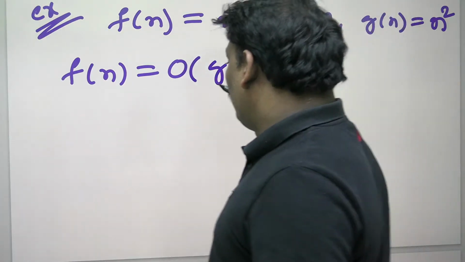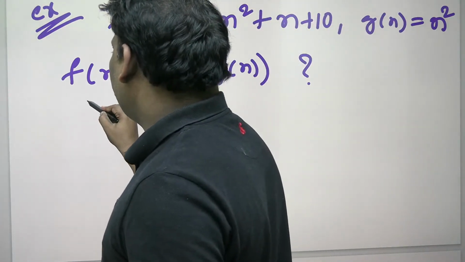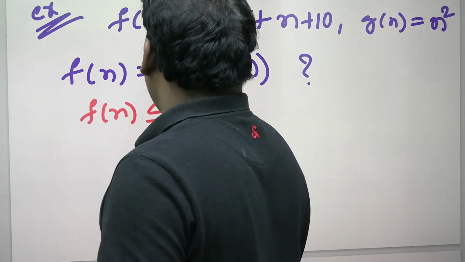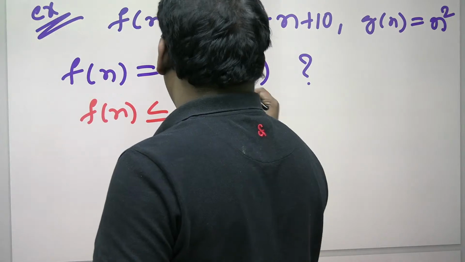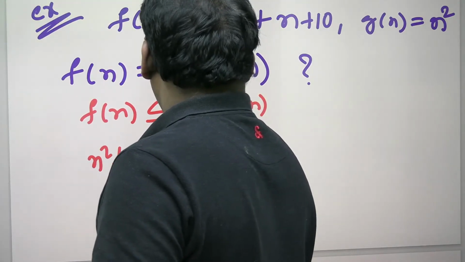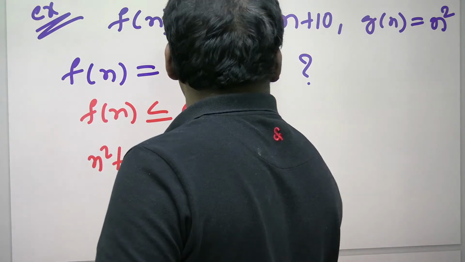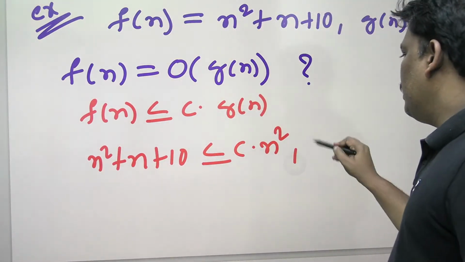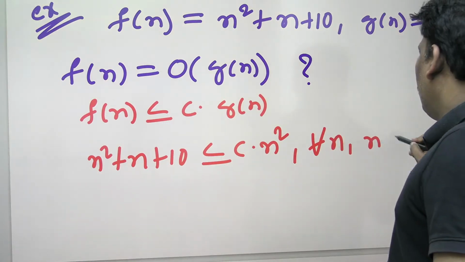If I want to say this, I have to satisfy this condition. What is that? f of n is less than or equal to some c into g of n. So here f of n, n square plus n plus 10, is less than or equal to some c into n square, for all n greater than or equal to n0.